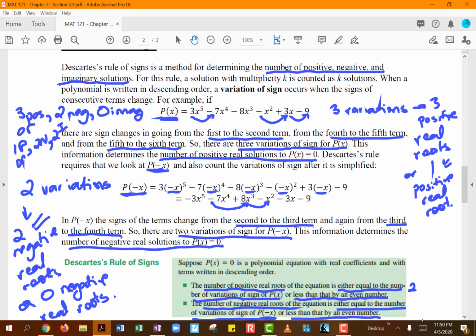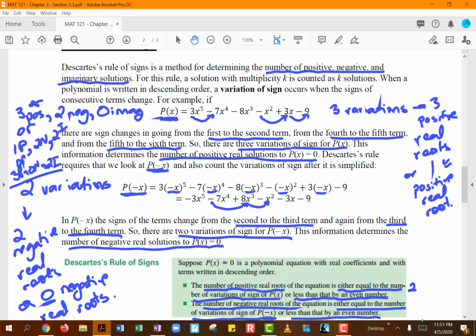Or, and I'm actually running out of space here, there are a couple more options. You can have 3 positive, but instead of 2 negative, you have 0 negative roots. 3 plus 0 is 3, which opens up space for 2 imaginary roots.